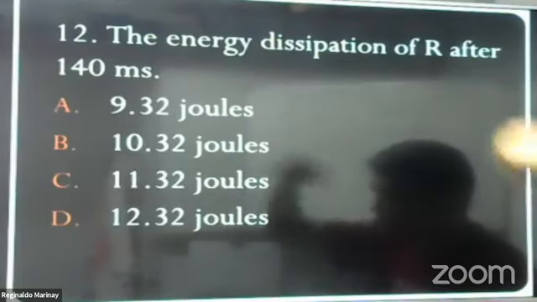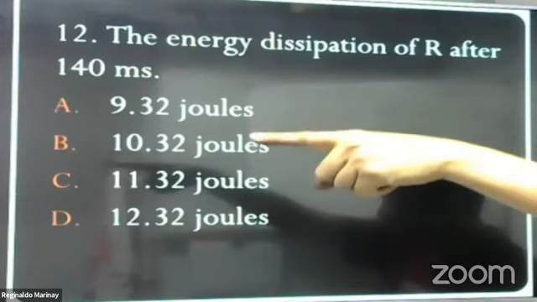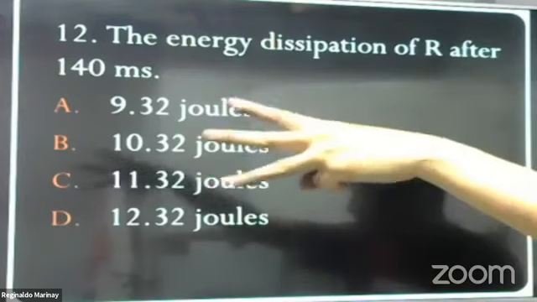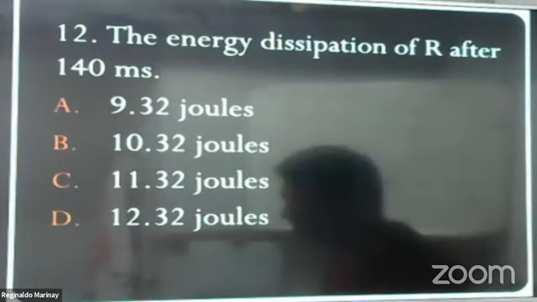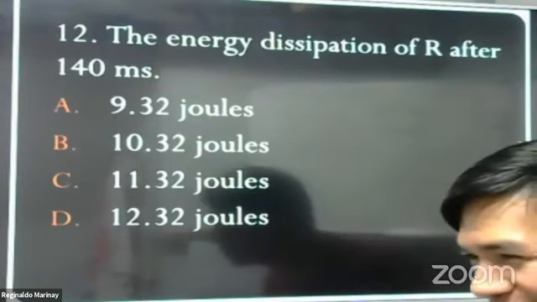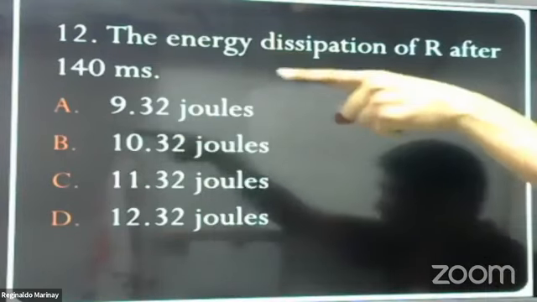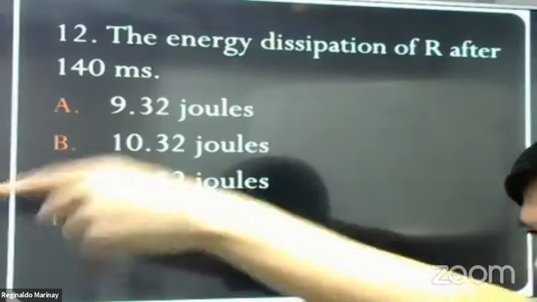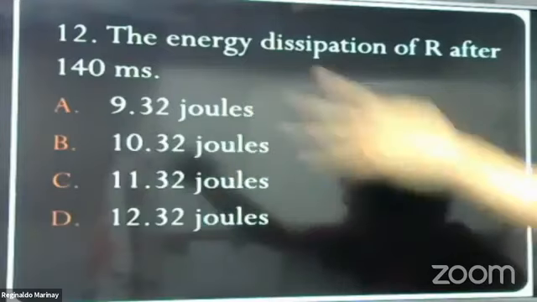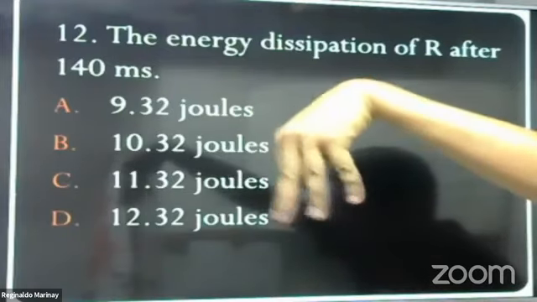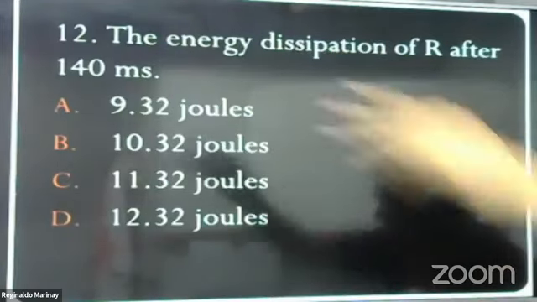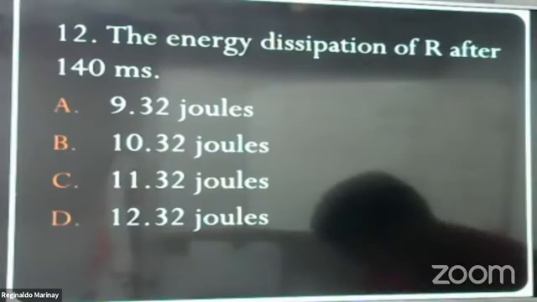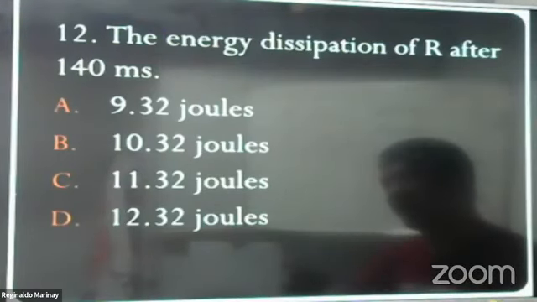Okay, raise your hand. Joel Cruz says 1,000, 2,000. Let's see what the answer is. His answer is A.